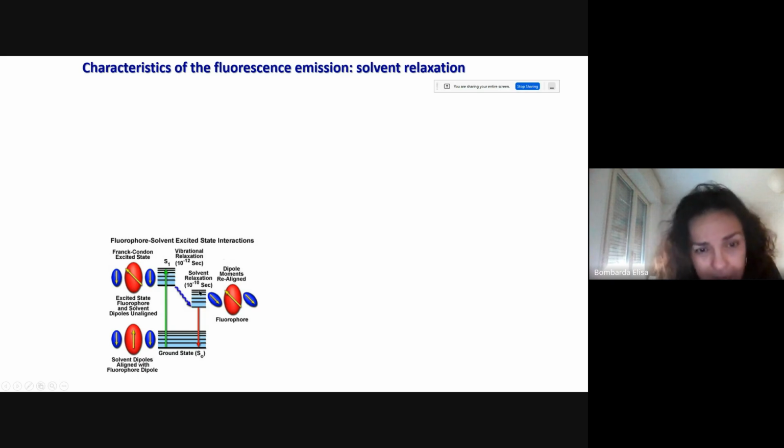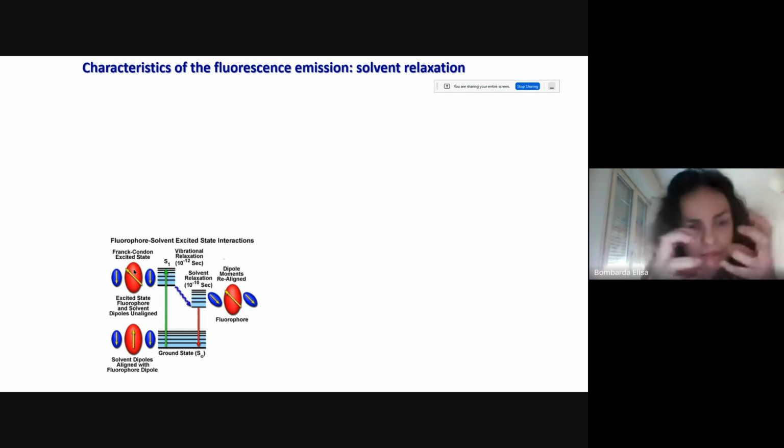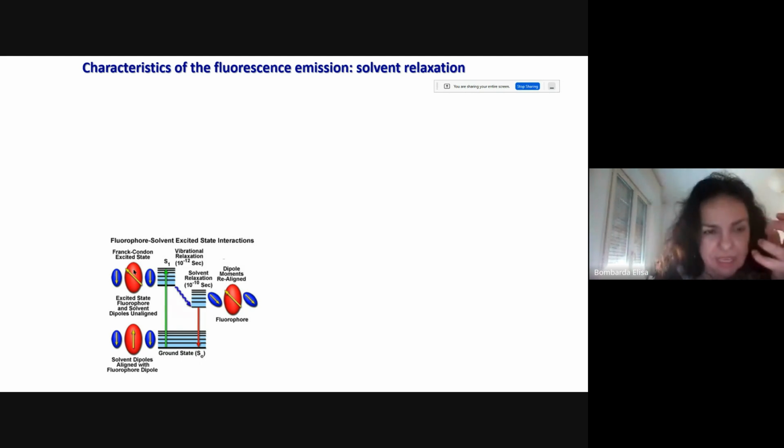While it's doing this, this is the relaxation, because that is a higher energy state, it doesn't want to be there, so it relaxes, and from there fluorescence then occurs.